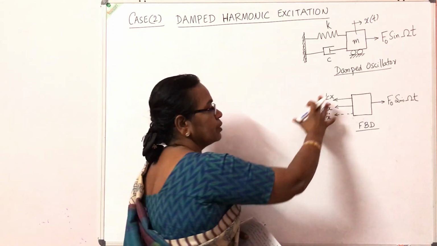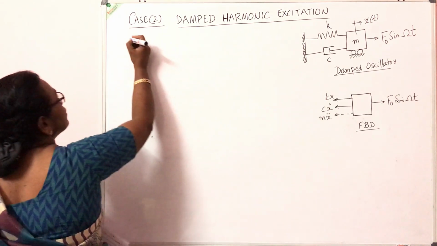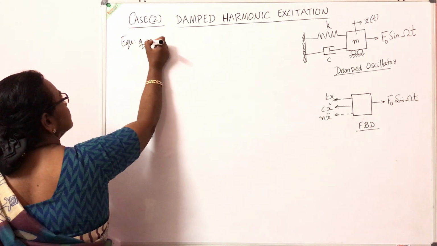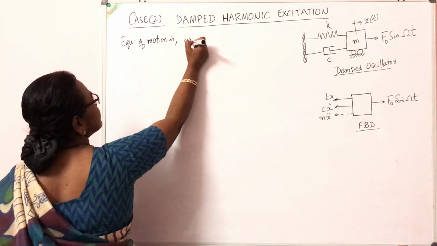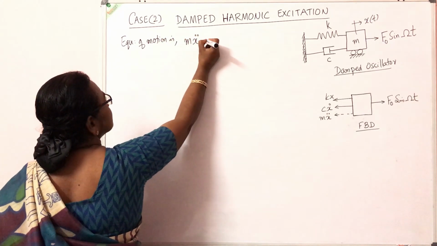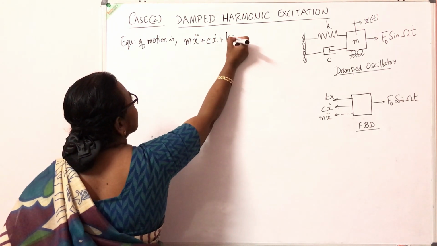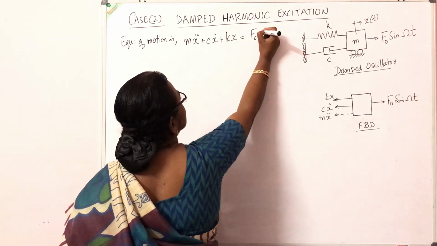So the system is now in dynamic equilibrium. So writing the equation of motion, the equation of motion is m x double dot plus c x dot plus k x is equal to F0 sin Ωt.